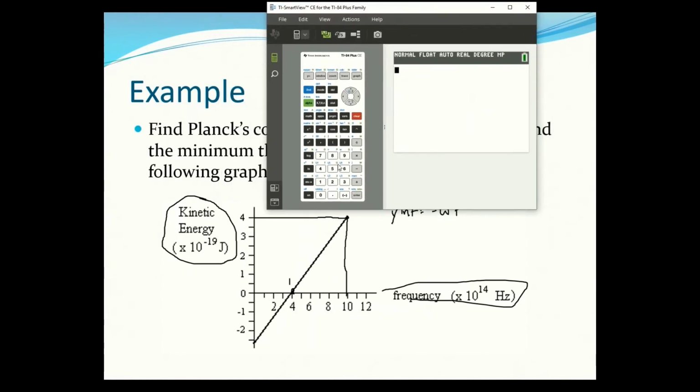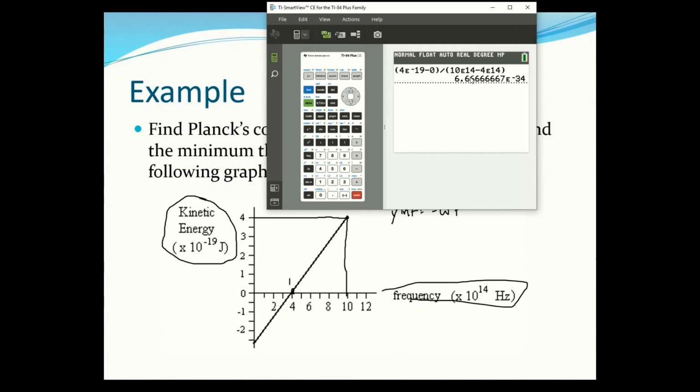So if we find our slope, we go y2, which is 4 times 10 to the negative 19, because that's the units here, joules, minus 0, divided by our x, which is 10, and the units are times 10 to the 14, minus 4 times 10 to the 14.